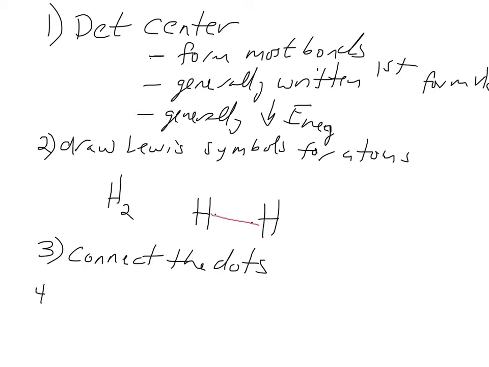And then step 4 is the step that everybody seems to omit, but it's very important. Redraw it, otherwise known as make it pretty. Okay? Because that looks like hell. Bless you. We redraw it so that it looks nice. Okay? Obviously, this is the easiest possible example I could do, right?